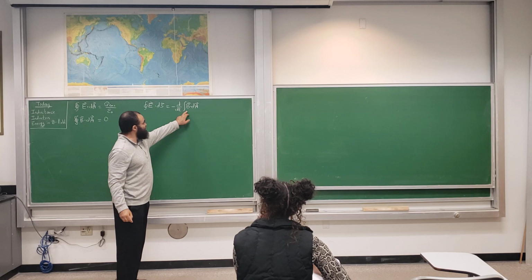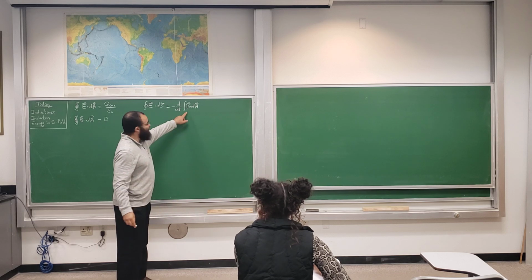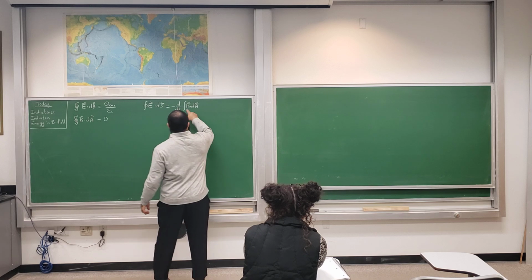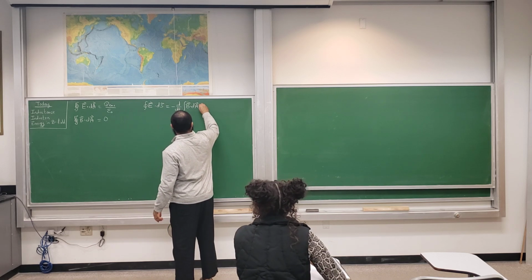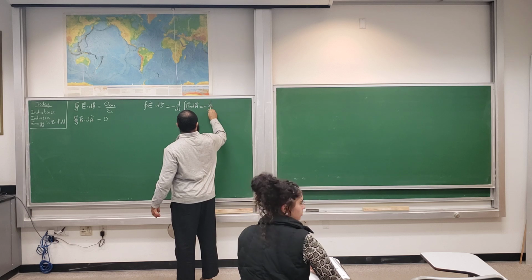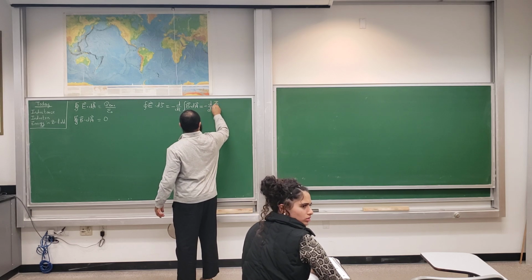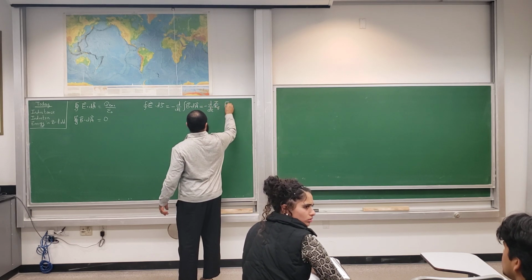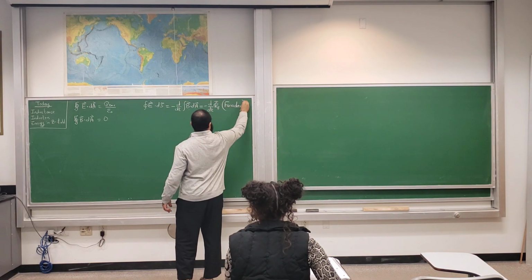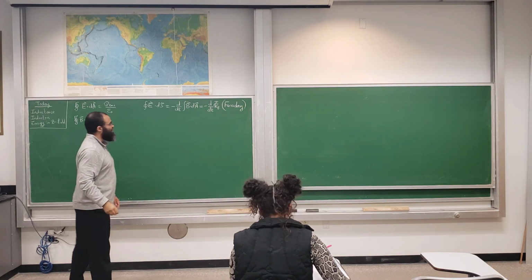It's an open surface, not a closed surface. This is called Faraday's law. And the integral of B dot dA is the magnetic flux, so we just write it as d/dt of the magnetic flux. This is Faraday's law.